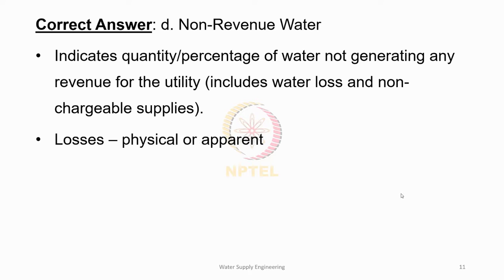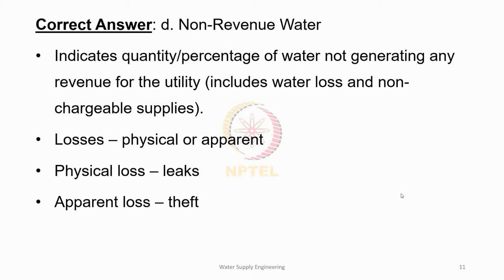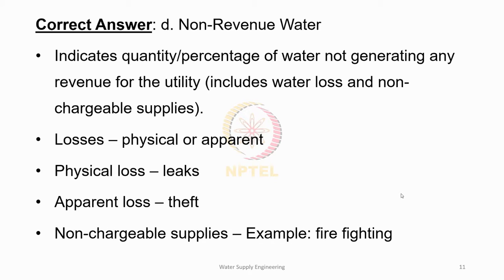Also, as we told earlier, this water loss can be physical or apparent. Physical loss is leakage. Any kind of leakage can be considered physical loss, whereas all theft can be considered apparent loss.